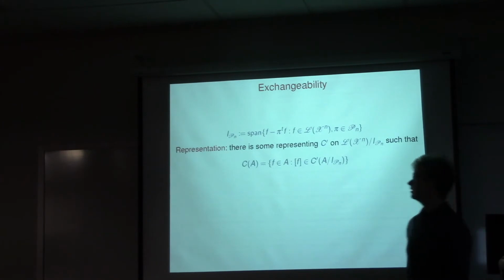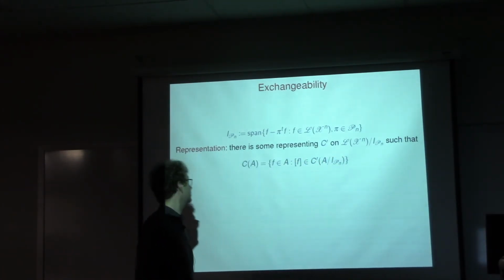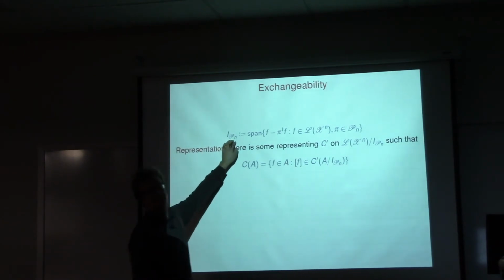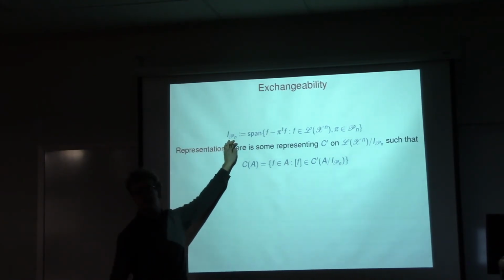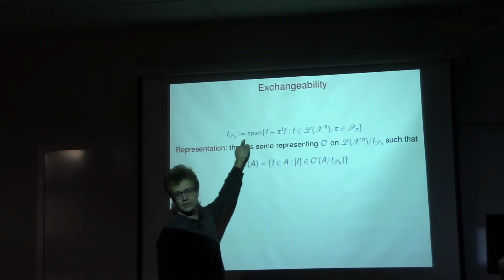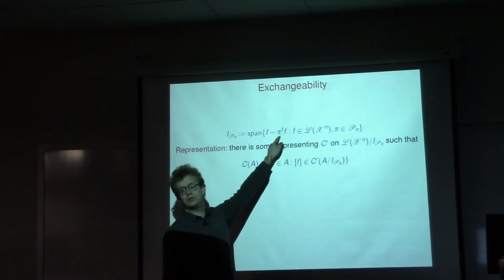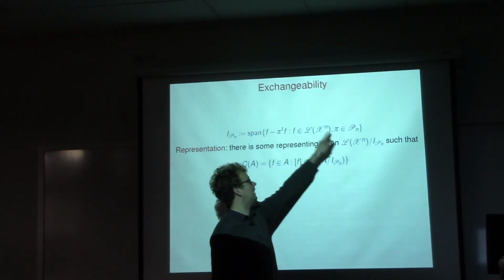In other words, a choice function is exchangeable if and only if it is compatible with this specific linear space of indifferent gambles. So what is it? I take the span, the linear hull, of any gamble minus its permuted version, for any gamble and any permutation.